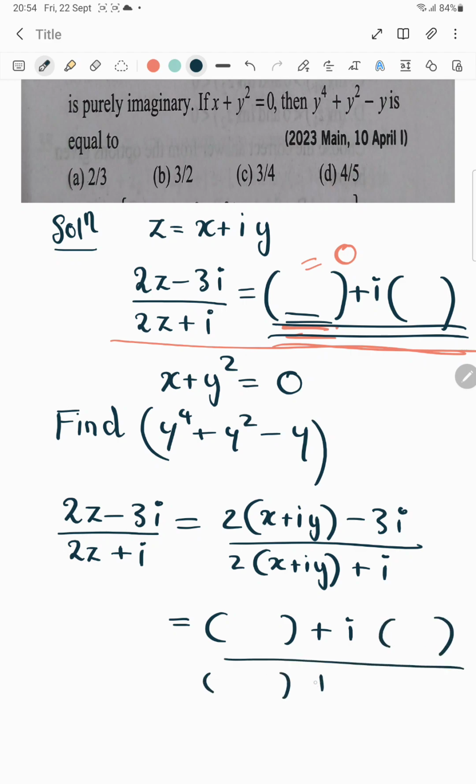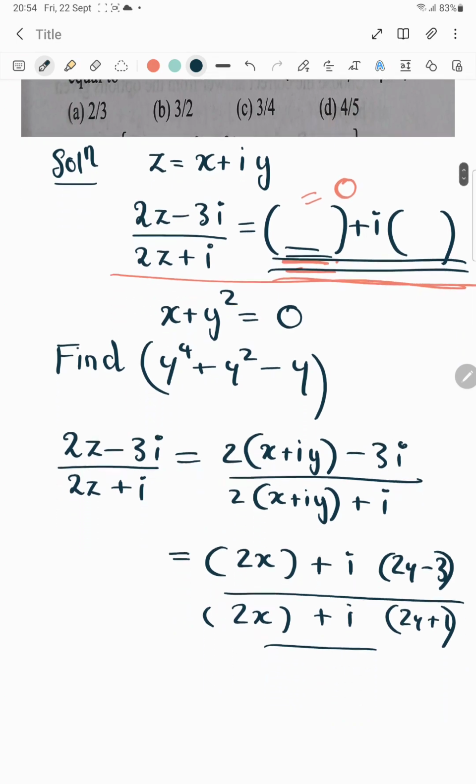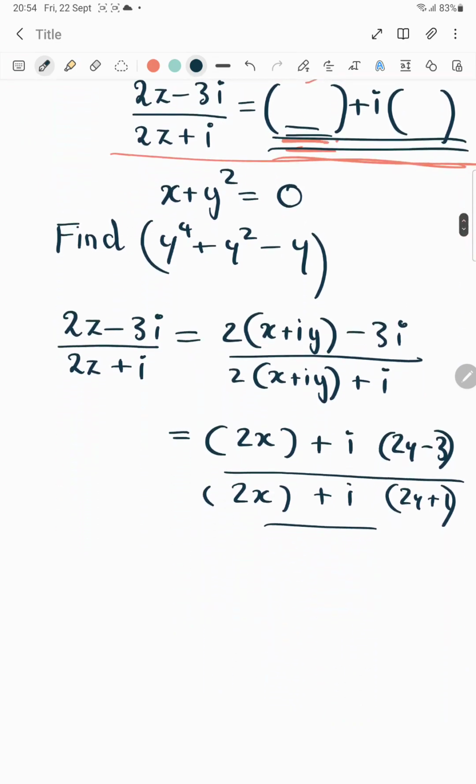This is easy to do because in the numerator the real part is simply going to be 2x and the imaginary part, after taking i common, would be 2y minus 3. In the denominator, the real part comes out as 2x and the imaginary part comes out as 2y plus 1. Once you write the numerator and denominator in this way, you can then perform complex division.